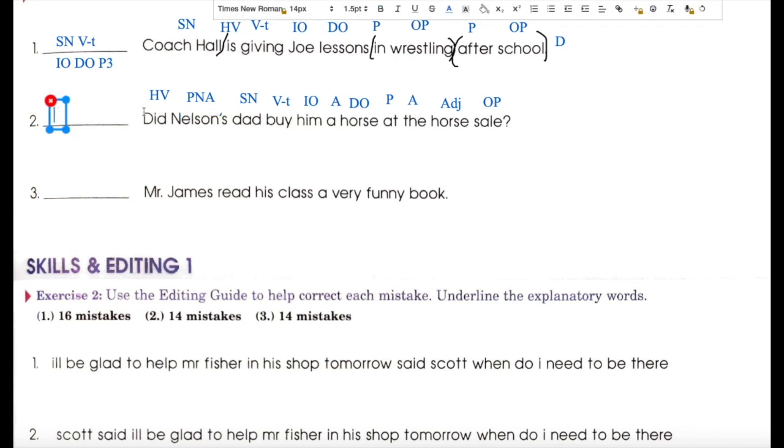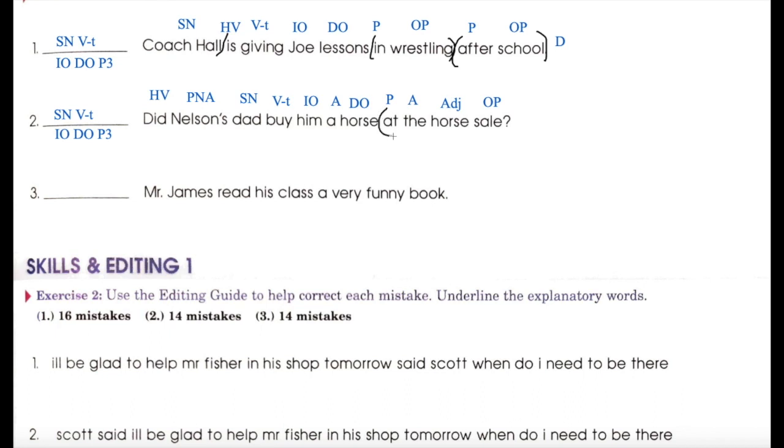Classify our sentence. Subject noun, verb transitive, indirect object, direct object, pattern 3. At the horse sale is a prepositional phrase, so let's put parentheses around that. Question mark, question, interrogative sentence. Write INT.